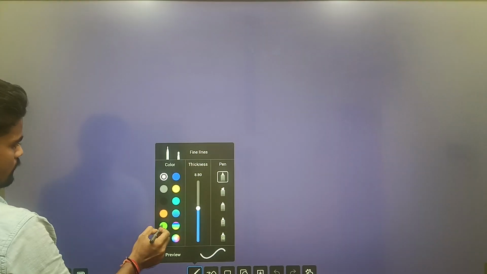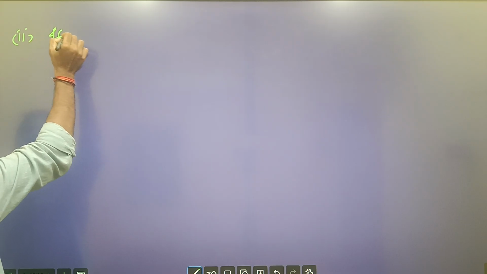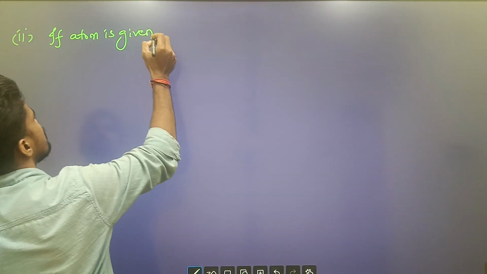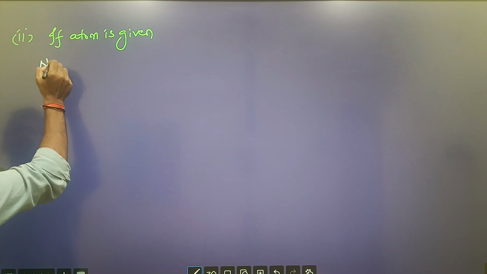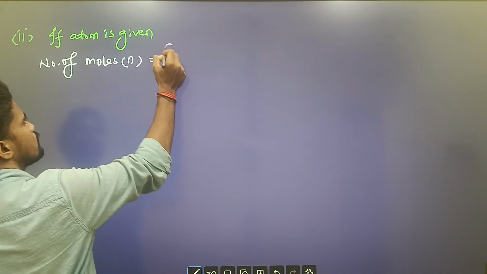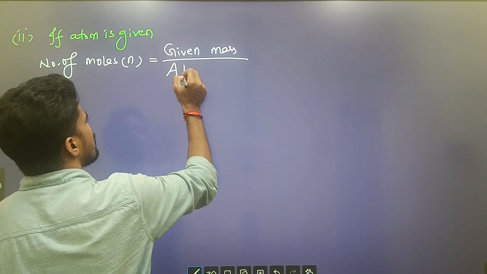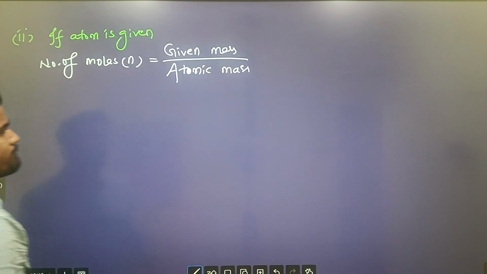Okay, so formula 2. If atom is given, then number of moles equals given mass upon atomic mass.